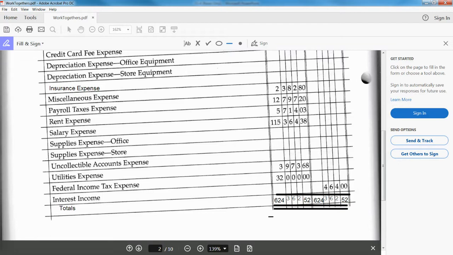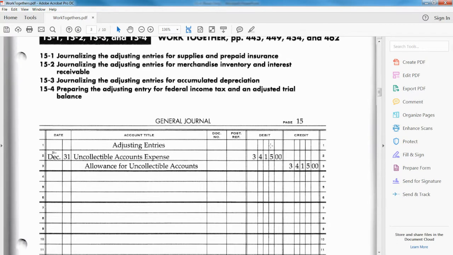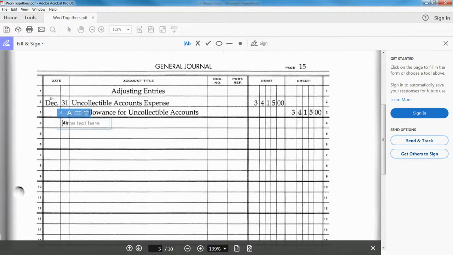And then the last thing we need for our 15-1 is we need to journalize our adjusting entries. So they've done the first one for us, the uncollectible accounts expense. So the next one we need to do is supplies expense office. So the date is the 31st.